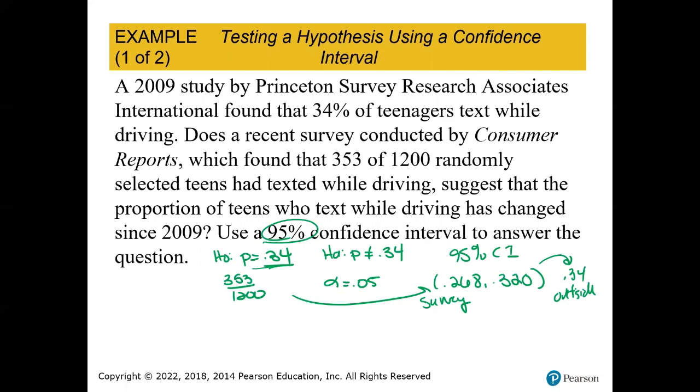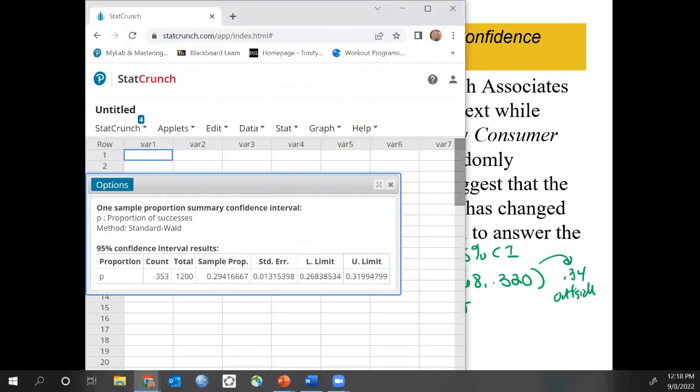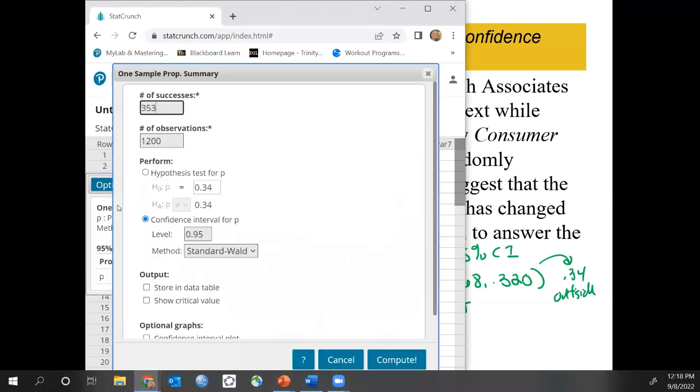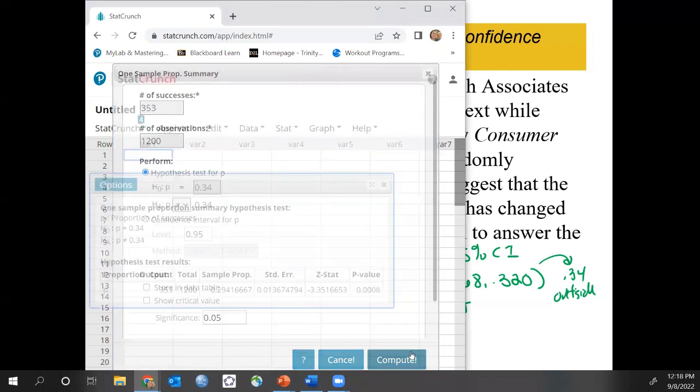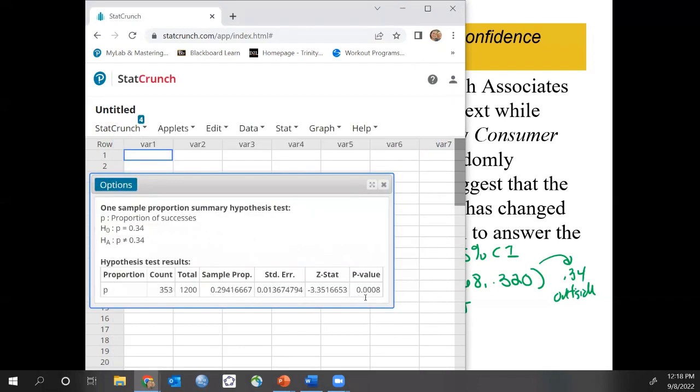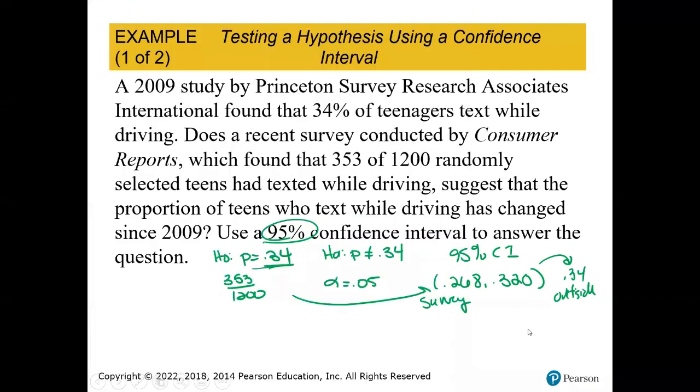If you didn't understand that, you could go back and click the options, edit button, and instead click the hypothesis test and check it that way. So the p-value is 0.0008. 0.0008 is in fact smaller than 0.05, so we would reject the null here.